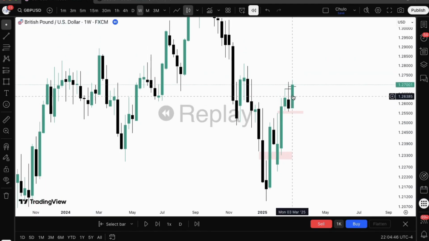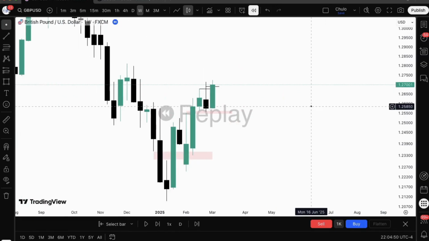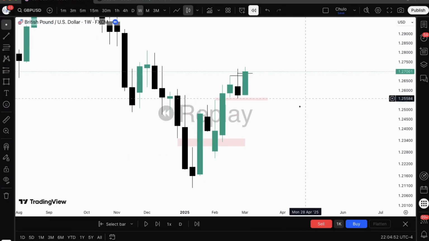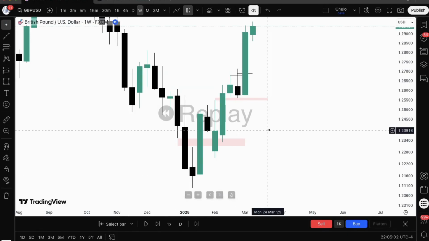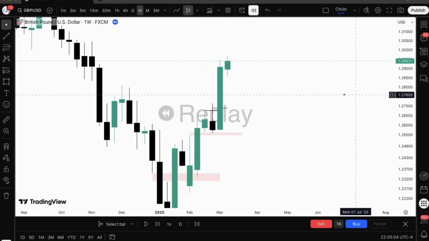And here there is no fair value gap, there is no internal range liquidity here. The price is yet to form an internal range liquidity. Now we have another one.